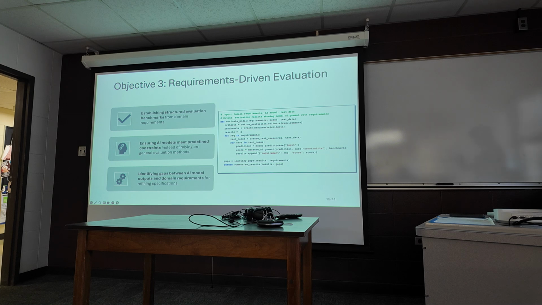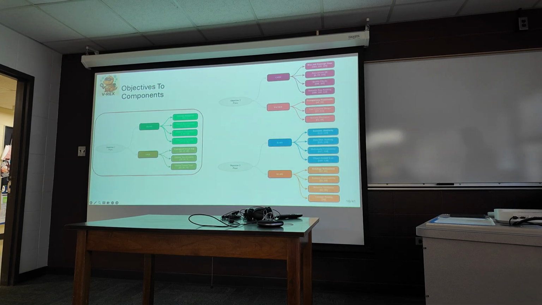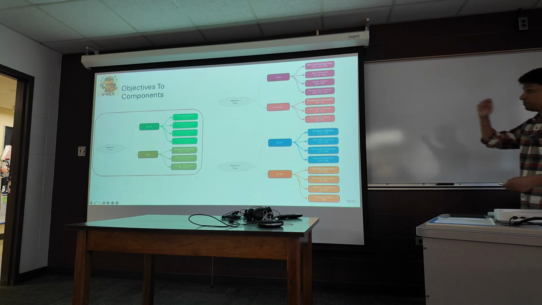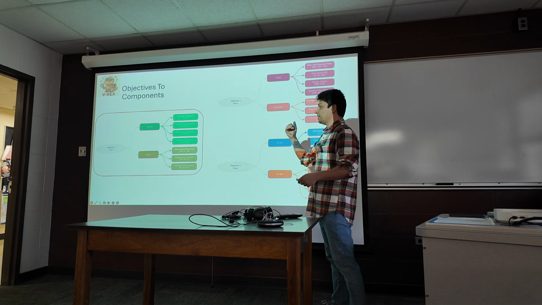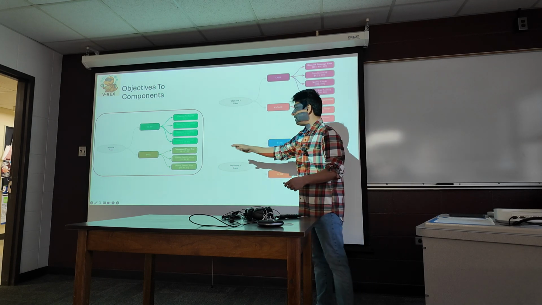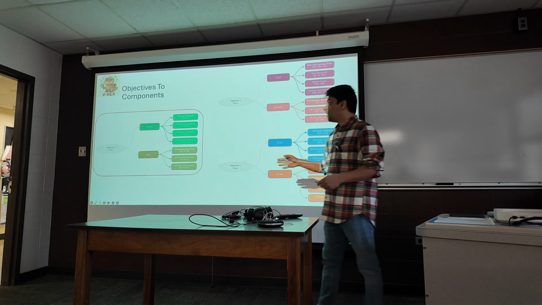let's take a step back and see how these goals map to the components of the VREX and related work. First, we are going to map objectives to components. Objective 1 is realized by REIS and SAGE.